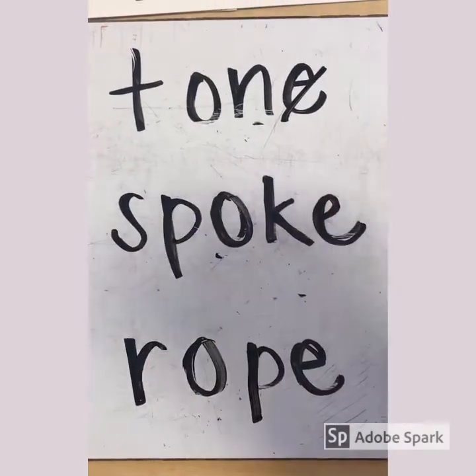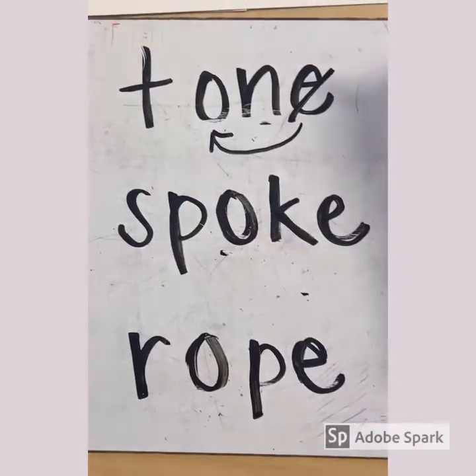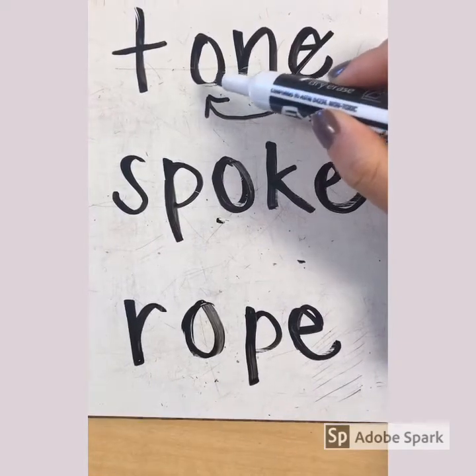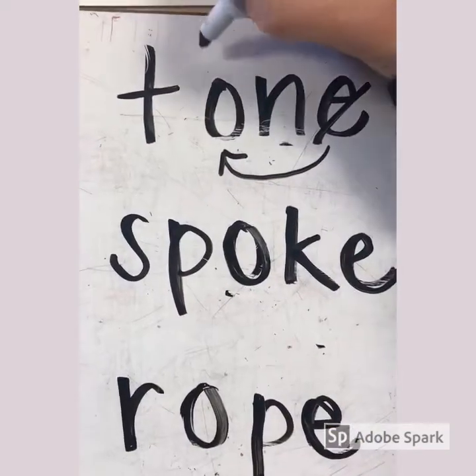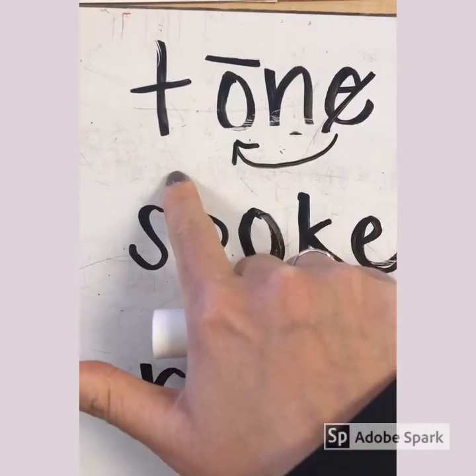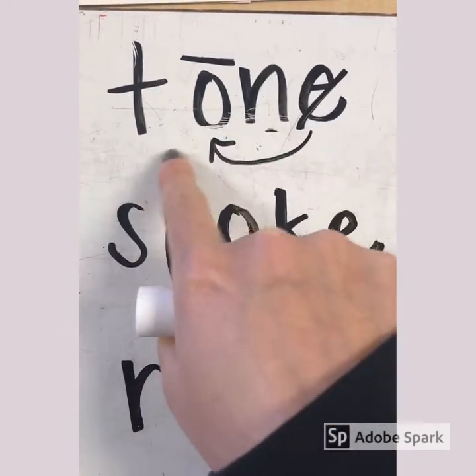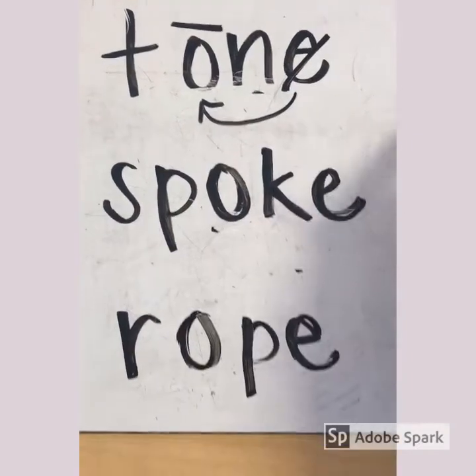And a silent E is going to sneak up on the O and scare it. And when we scare the O, instead of the O making its normal short sound, it's going to make a long sound, right? So this word says tone, because the E is silent. Tone. All right, let's look at this word.